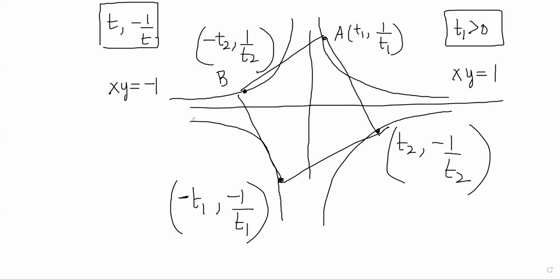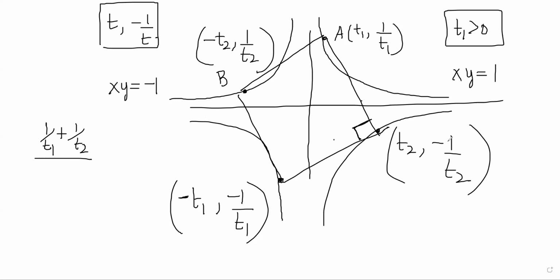And for that to happen, I need to check the slopes. The slopes have to be 90° between any two lines, right? So the product of the slopes is minus 1. So let's find the slope of this line. It will be 1 by t1 plus 1 by t2 divided by t1 minus t2.